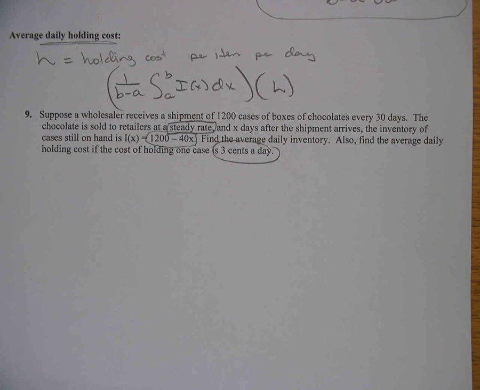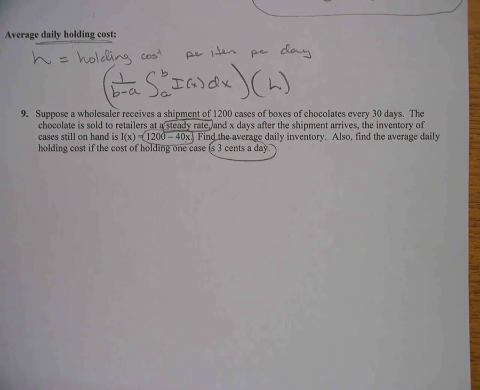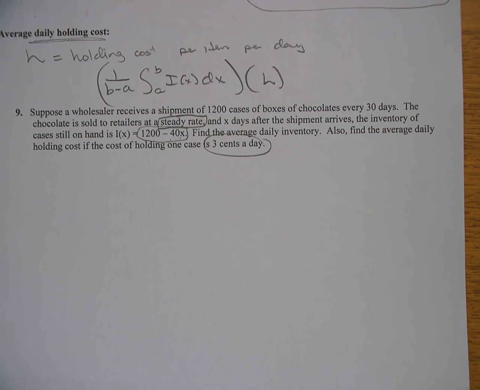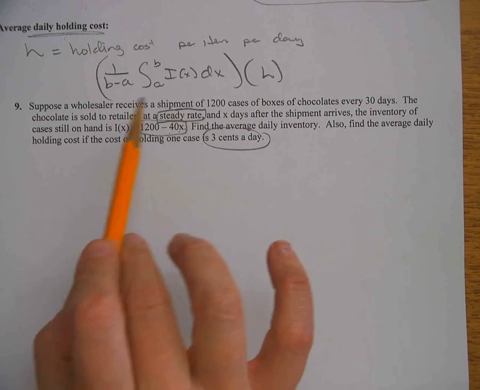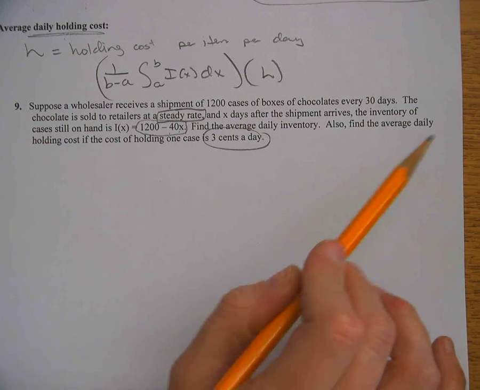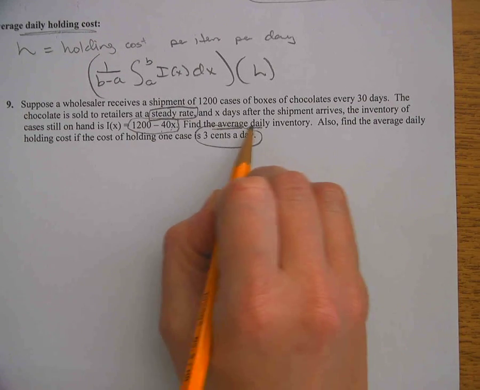On day 15 of the month, you could plug 15 in there and figure out that you've got 600 cases. On day 10, you've got 800 cases. It tells you how many cases you have on any given day within that 30 days, every 30 days. So first they want us to find the average daily inventory.